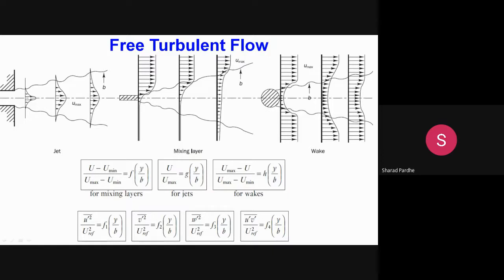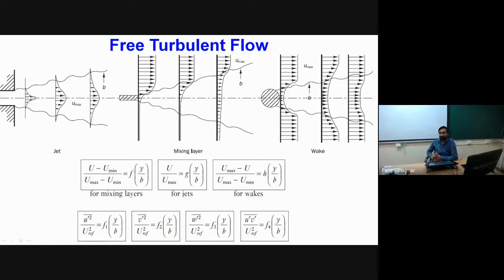laminar to turbulence? Okay. In case of laminar to turbulent flow transition, in practical scenarios there will be small flow disturbances in our system. These flow disturbances will amplify in a certain range of Reynolds number.